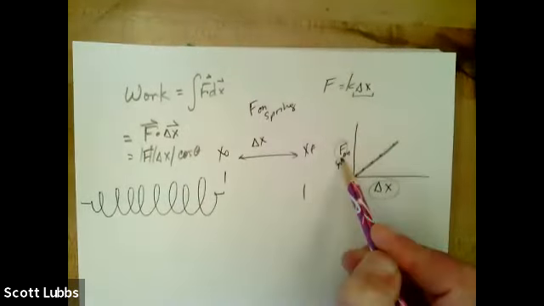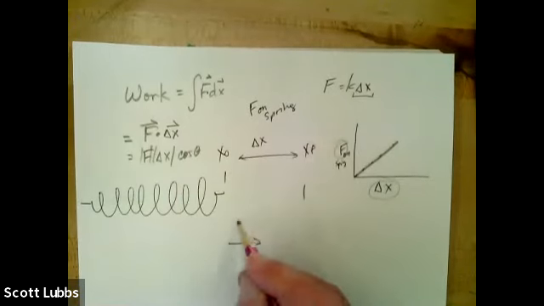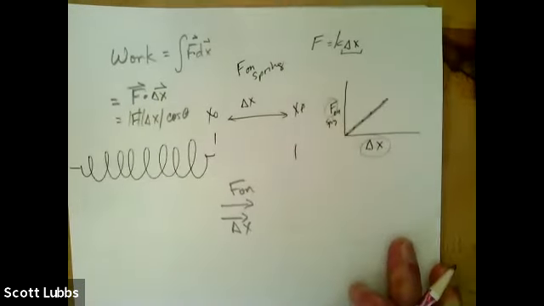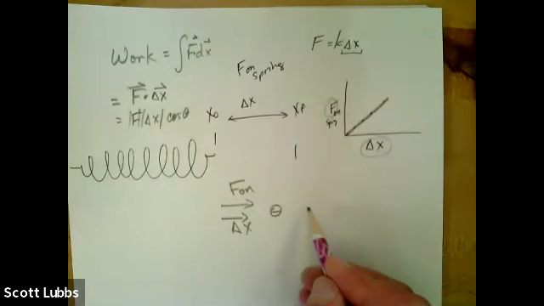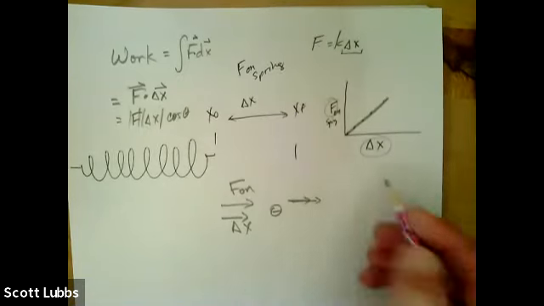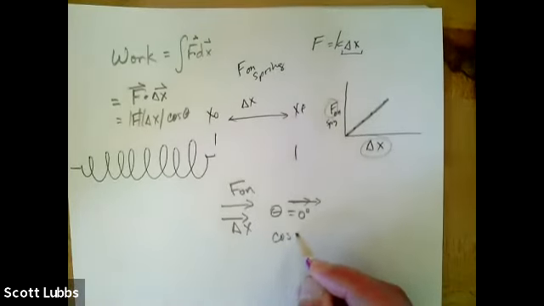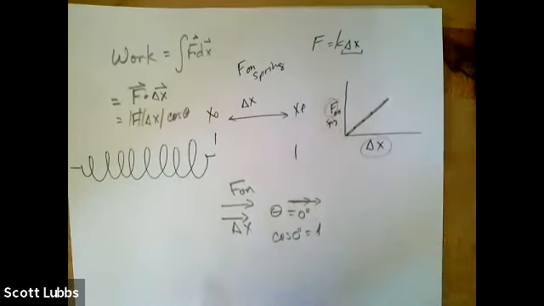So this is on the spring. I applied it. The force on the spring is that way. The delta X is that way. The theta between them is 0 degrees. Cosine of 0 degrees is 1.